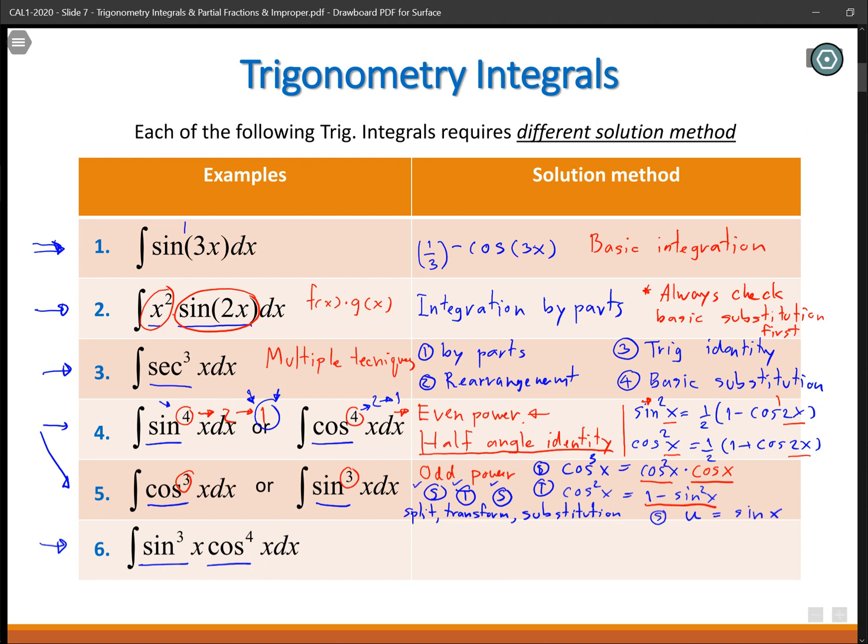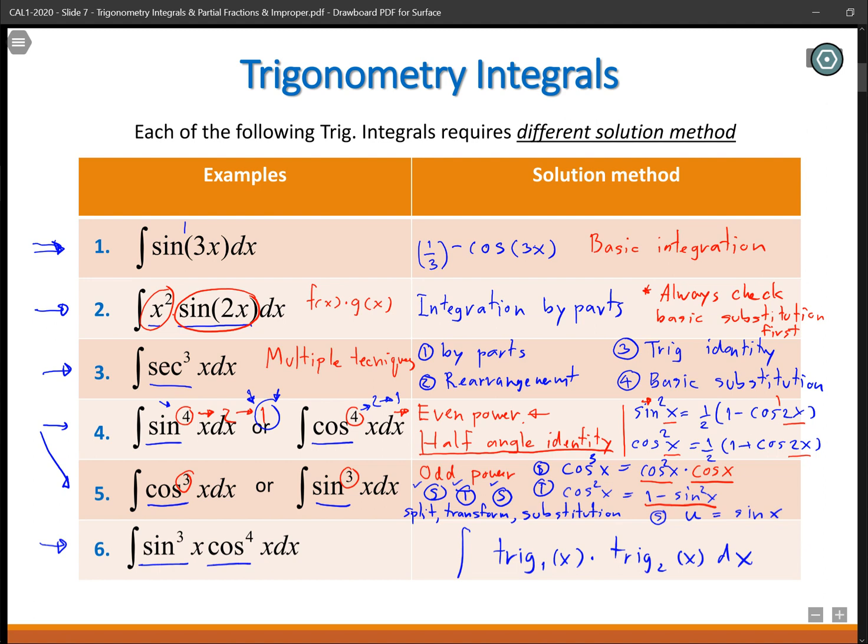We want to find the answer for this integral. The integration of the first trigonometry function, trig 1, in terms of x, and multiplied by another trig function, trig 2, in terms of x, and don't forget the dx right here.